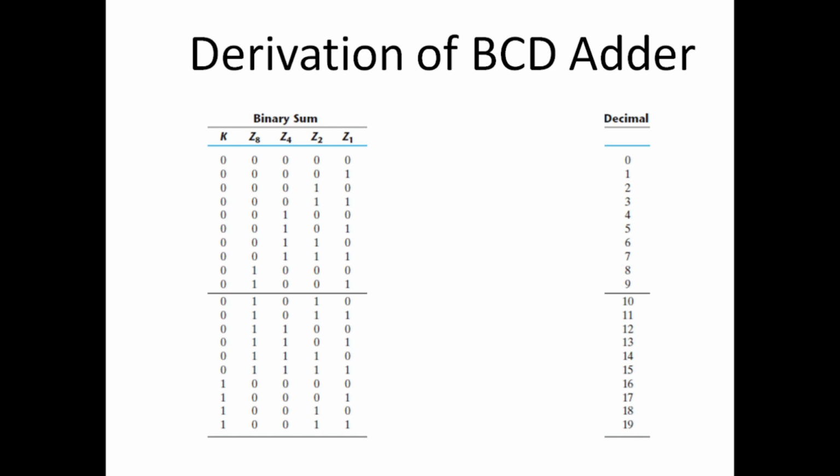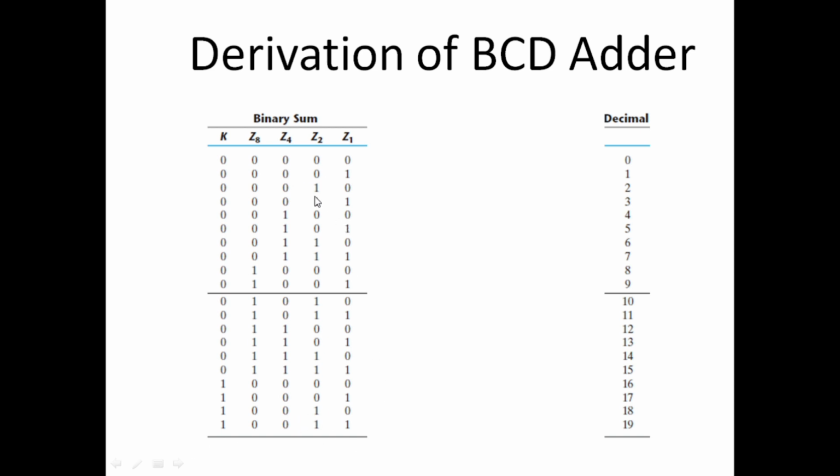So in binary that becomes 0 to 9, and whenever we give two 4-bit numbers, each number can be 0 to 9, and the other number can also be 0 to 9. So the maximum sum, assuming that the input carry is also 1, can be 0 to 19, and the binary sum of the binary parallel adder can be any of these values.